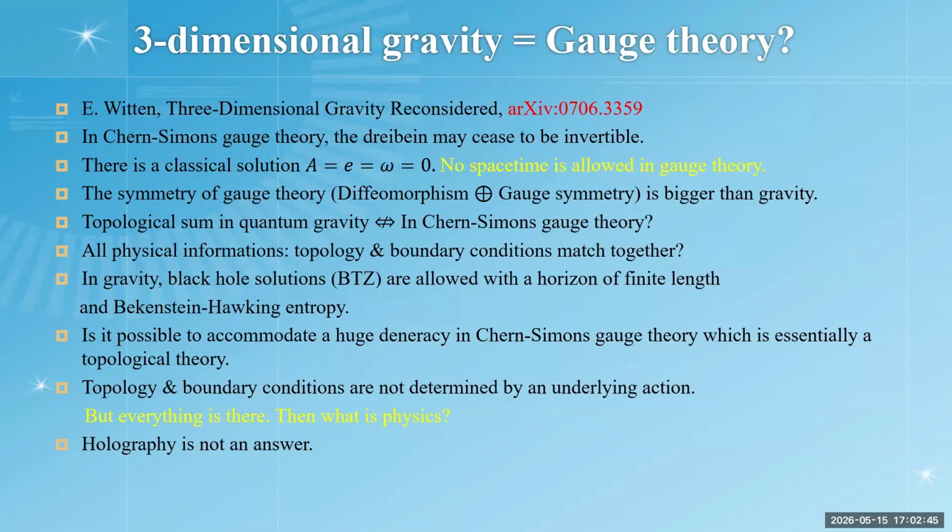Well, I think holography is not an answer, because even the two-dimensional theory also depends on boundary condition, also the topology of Riemann surfaces. So I think this relation is not clear. And this is not my viewpoint, it's Witten's viewpoint. He published this only on arXiv, but the citation count is almost 900. So it's a very beautiful paper.